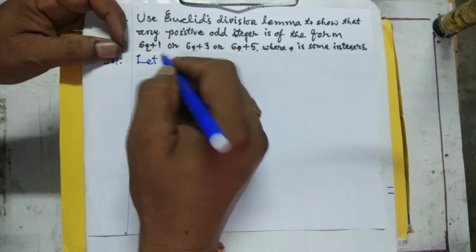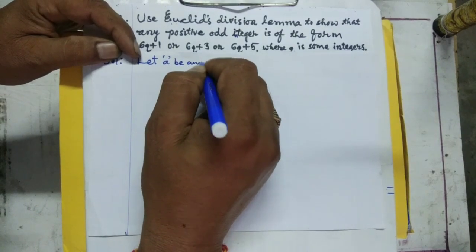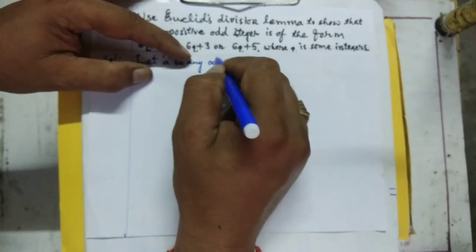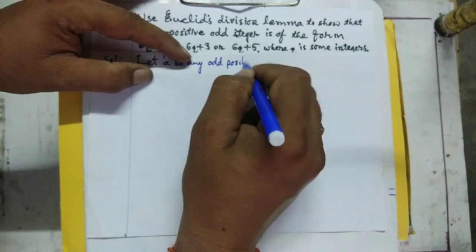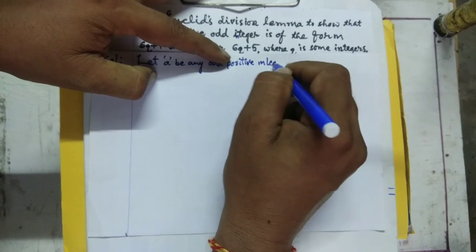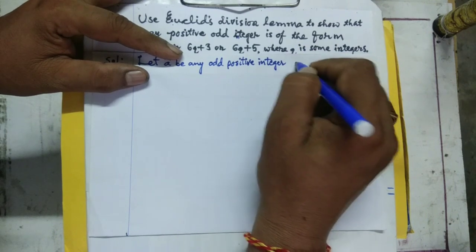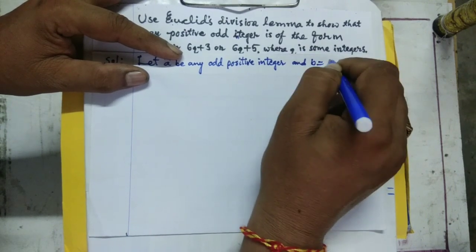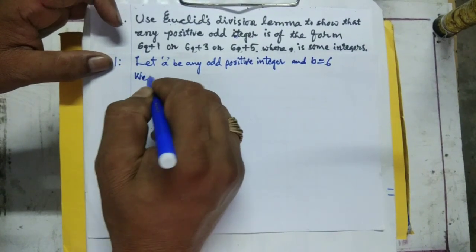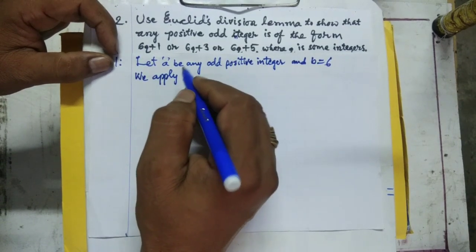Let a be any odd positive integer and b is equal to 6. We apply Euclid's division algorithm.